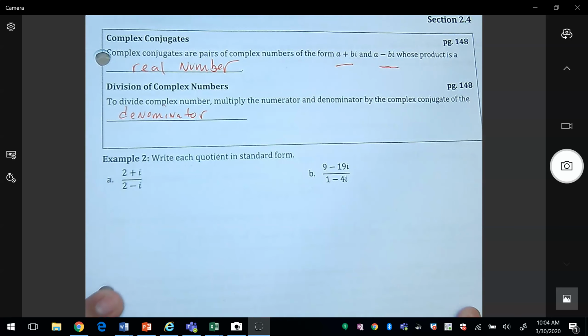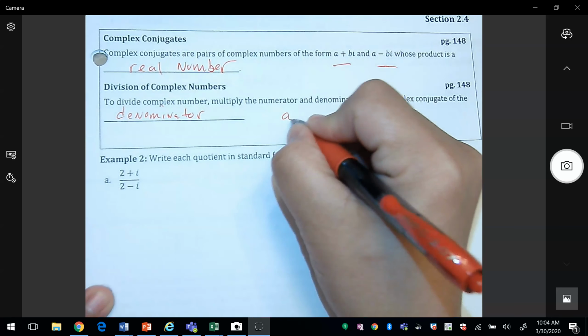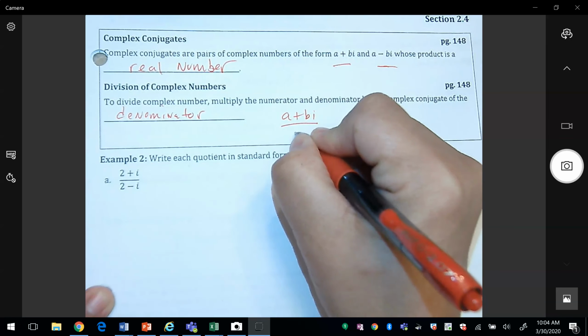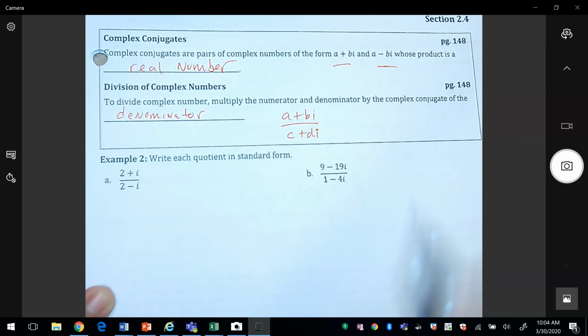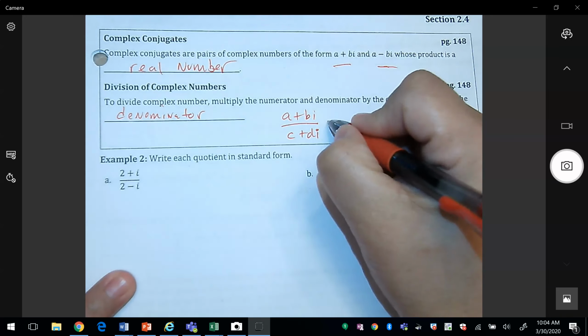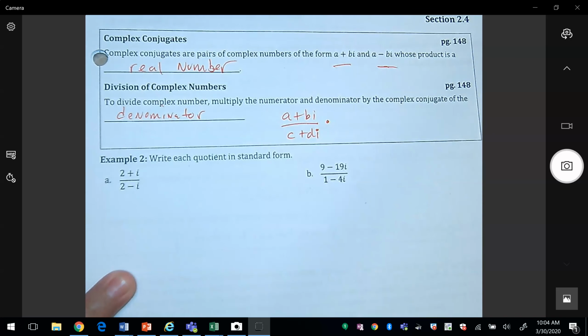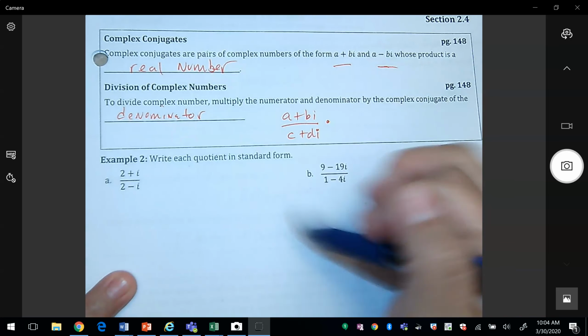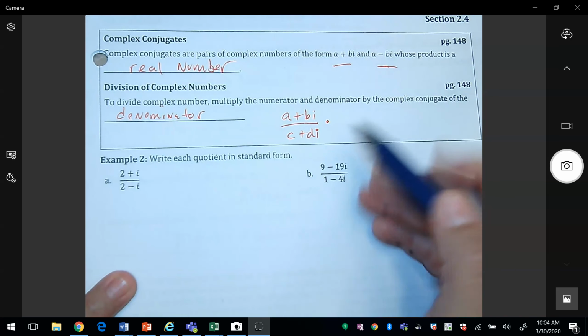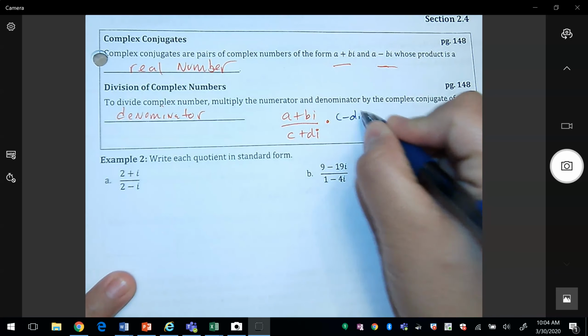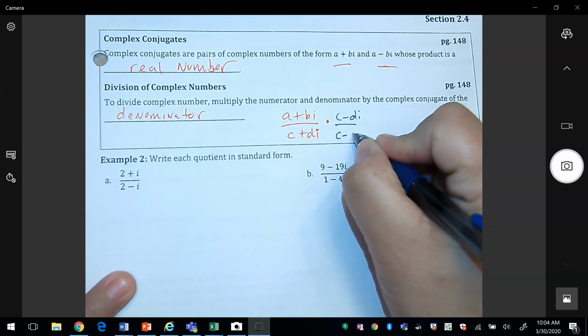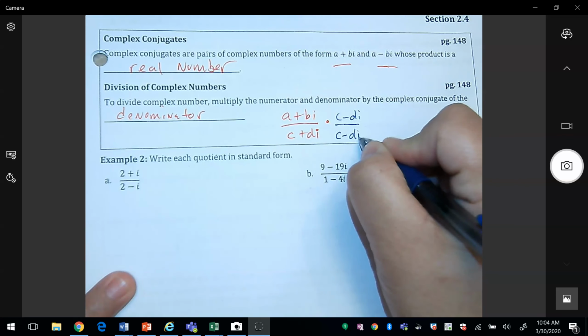Okay, so for example, if I had a plus bi divided by c plus di, to divide, we would multiply by the conjugate of the denominator. So the conjugate of c plus di is c minus di, and we multiply it to the numerator and the denominator.